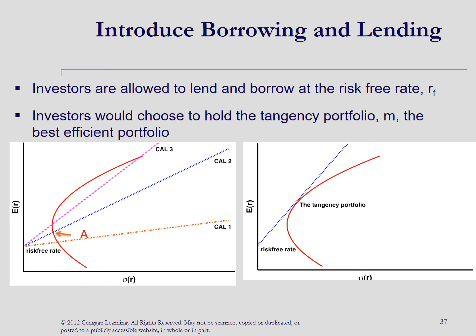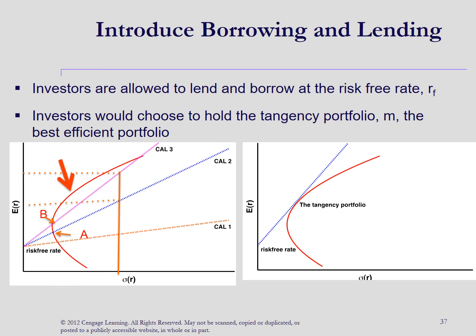The answer is no, because by moving up the efficient frontier, for example, to portfolio B, investors will yield higher expected returns given the same risk. So, investors will keep searching for the optimal portfolio by moving up along the efficient frontier.